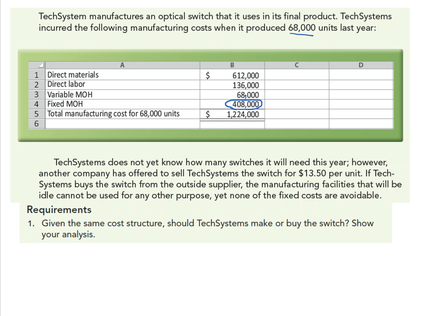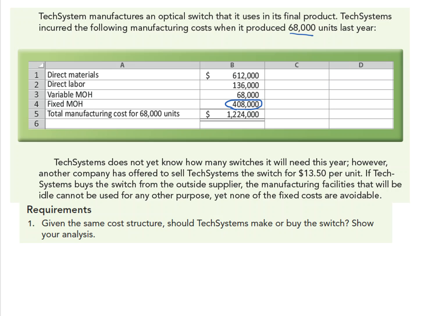So let's go ahead and set up what if we make the switches and what happens if we buy the switches. Now we know if we're going to buy them that our total cost is going to be $13.50 per unit. So I'm going to set this up just slightly differently since we don't need a lot of room for that.